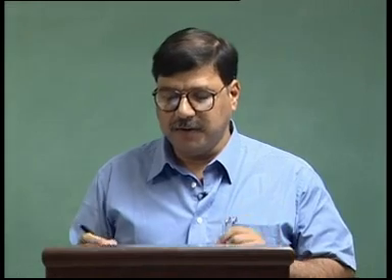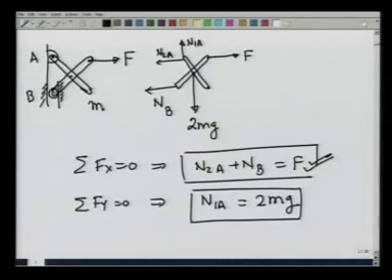Remember what we are after. We are after calculating this force F required to keep the entire system in equilibrium. Third, the torque equation. For the torque equation, I will take torque about point A, so that torques due to N1A, N2A and F all vanish.